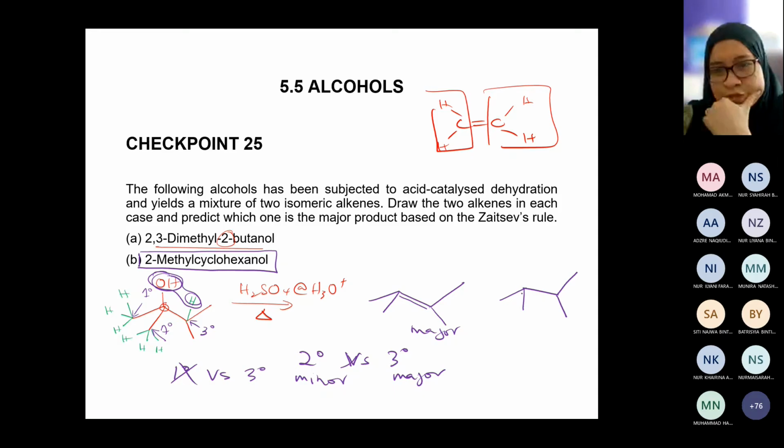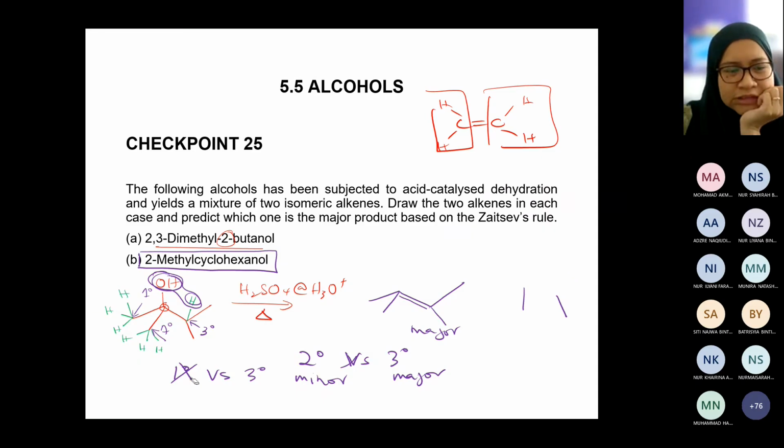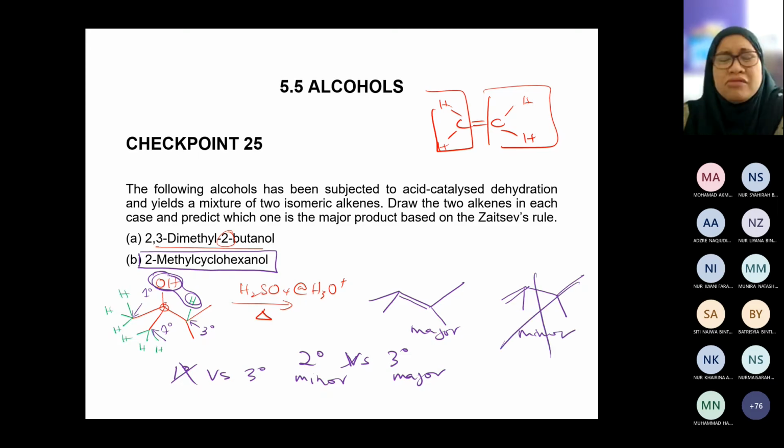So double bond we will have macam kuda pula. Okay. Alright, so we will have double bond here. Ataupun here lah, the other one. Okay. This will be the minor. But this one will not be formed lah. Sebab dia primary kan.